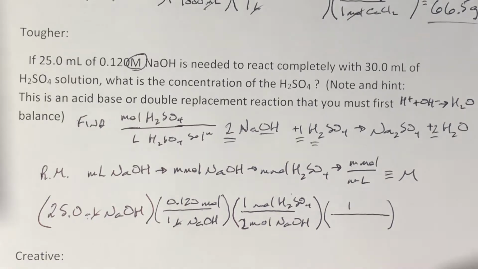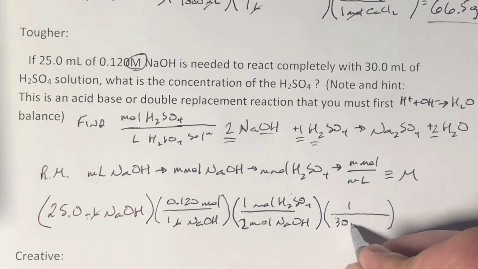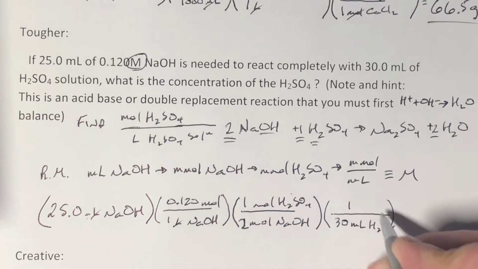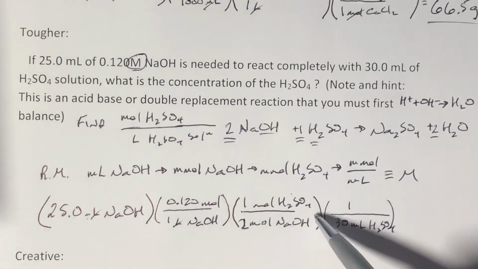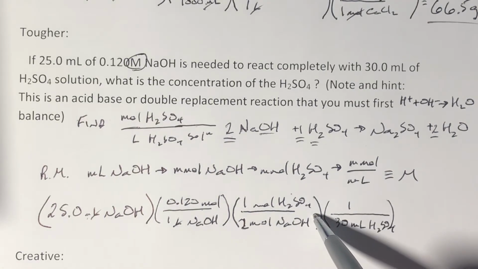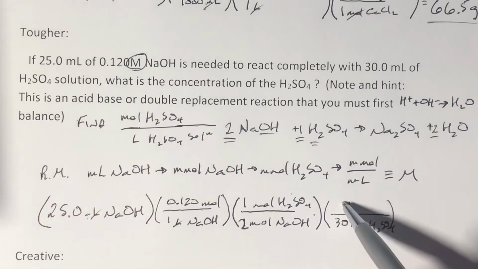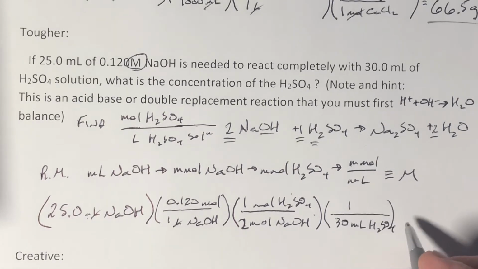I'll put a 1 here, and then I'll have my 30 mL of the H2SO4. Okay, so nothing in the numerator, just a placeholder. I'm just dividing by the volume. And remember, that's what we were saying we needed to do up here. At this point, we had moles of sulfuric acid, so we just divide by the liters, away we go. So we've got millimoles over milliliters, or I could convert everything to moles over liters. Either way, the ratio will be the same.